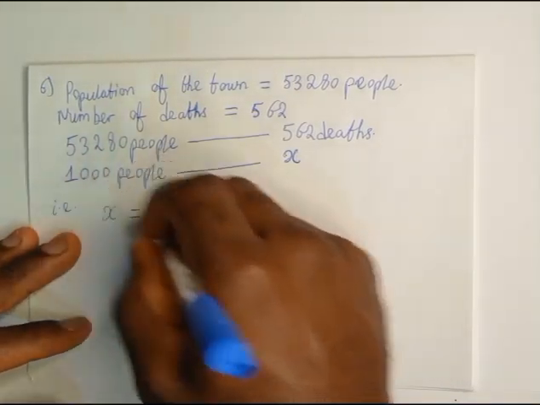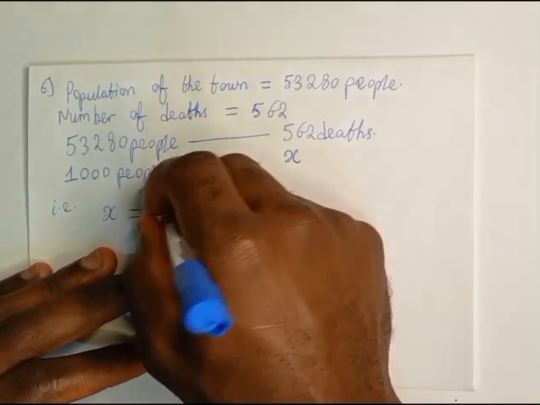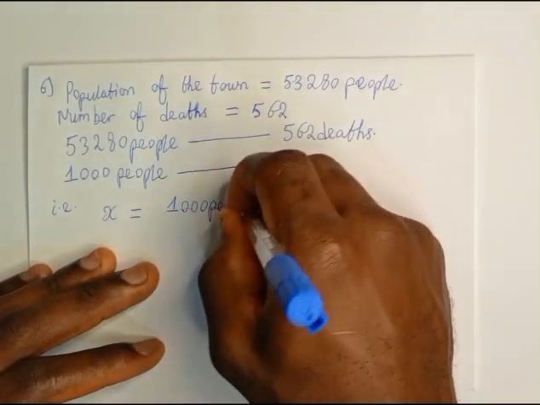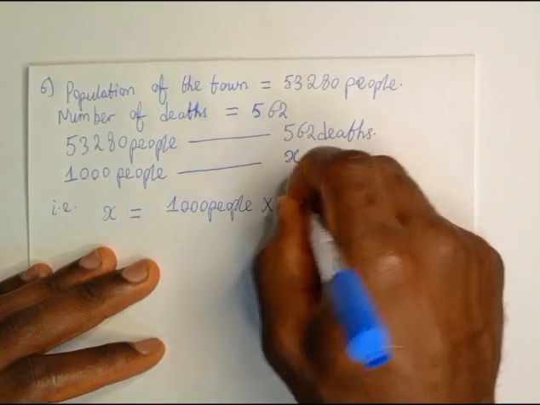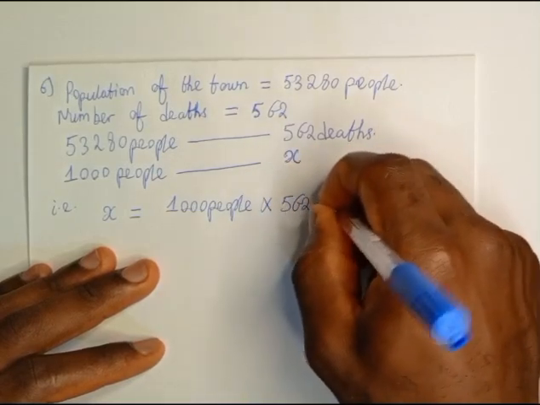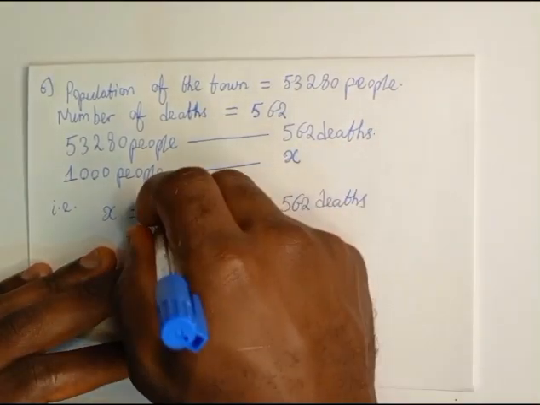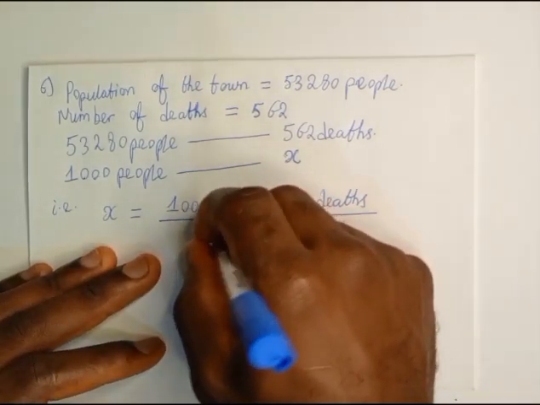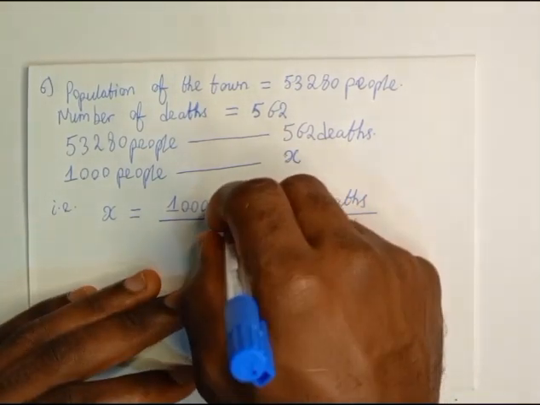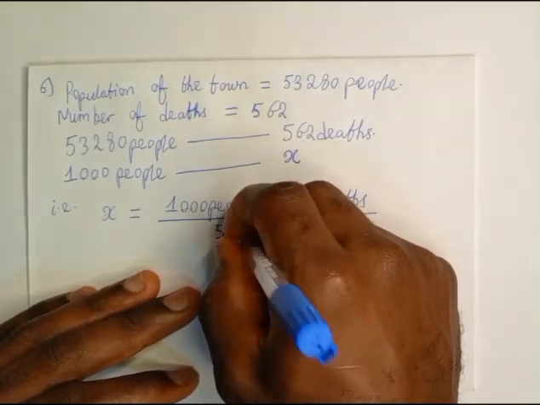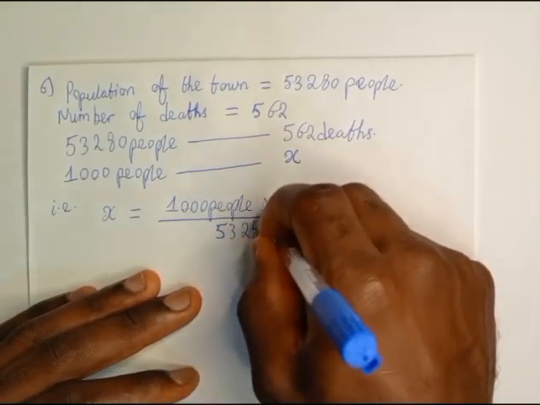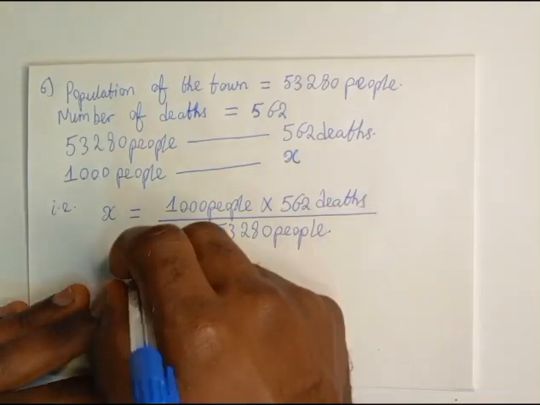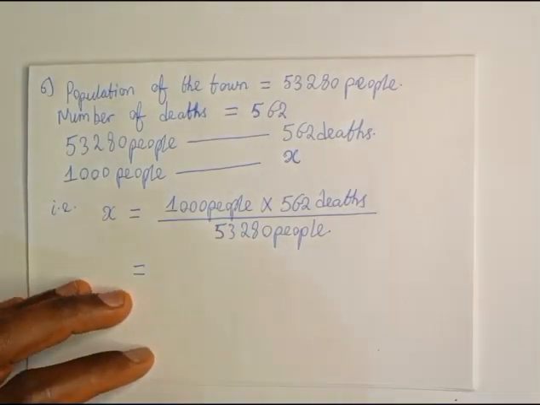That is, X will be equal to 1,000 people times 562 deaths. Then we divide by total number of inhabitants in town, which is 53,280 people. Then we perform the necessary simplifications.